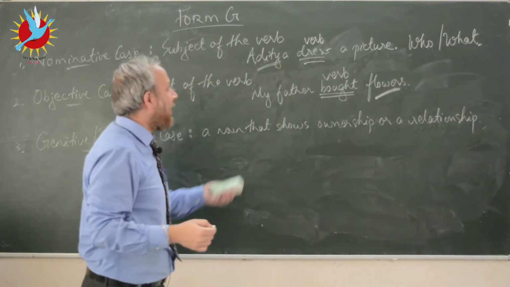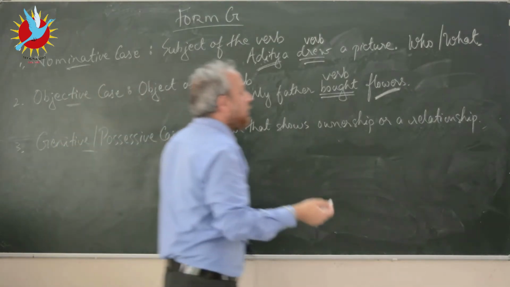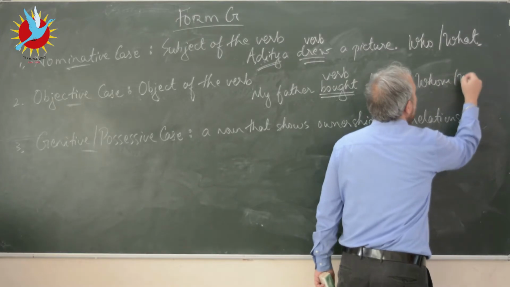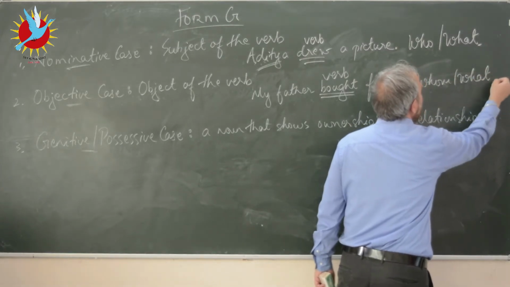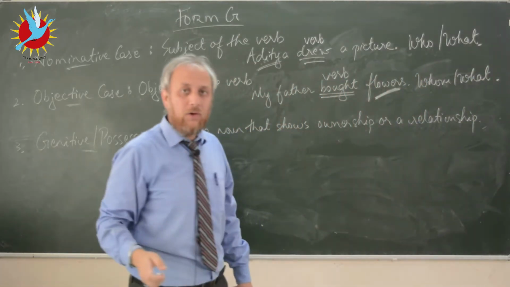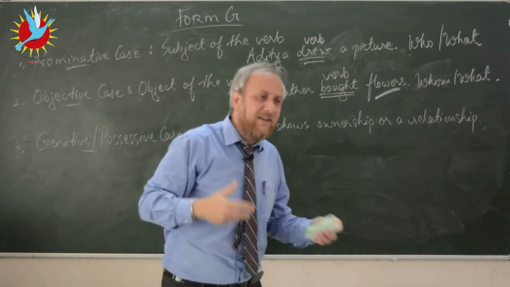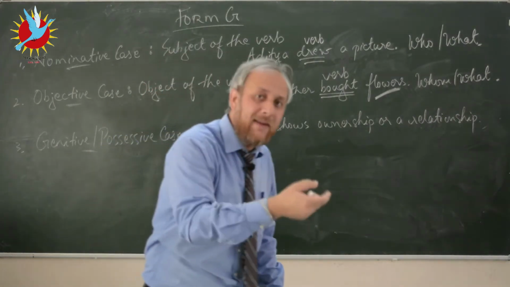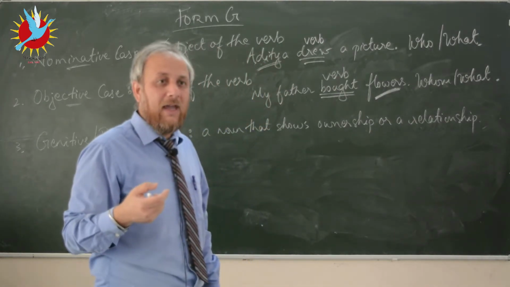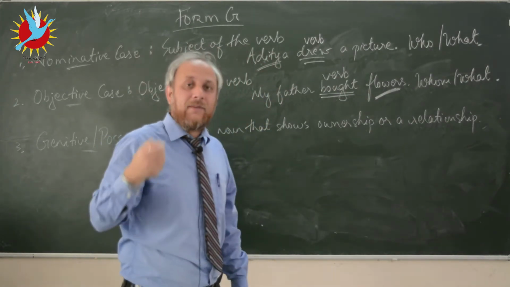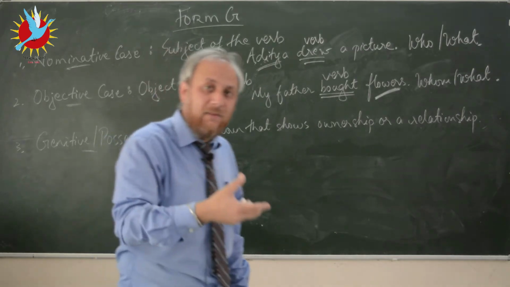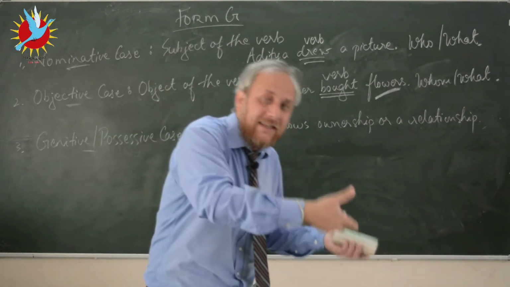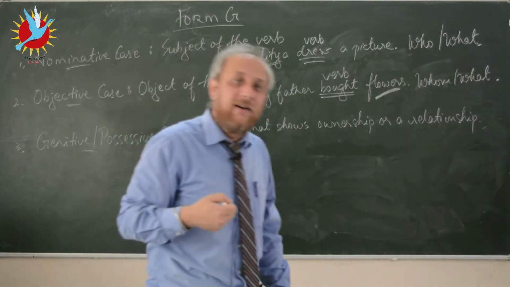If you want to find the object of the verb, ask yourself whom or what. It's very simple. Another way of looking at it, kids, is that the subject is the one performing the action, and the object of the verb is someone or something that receives the action of the verb.